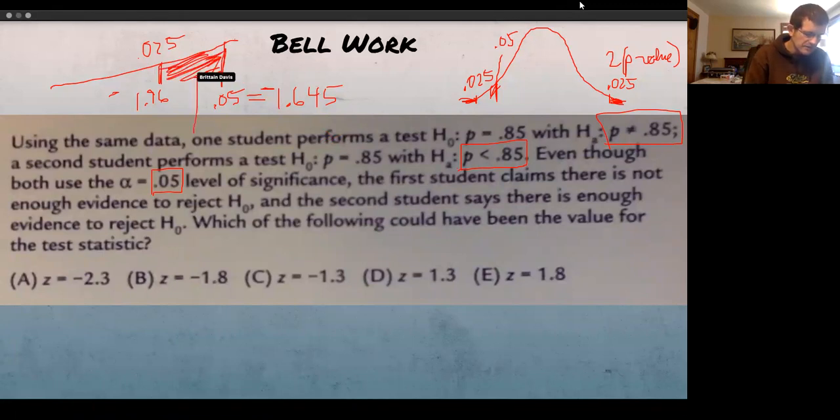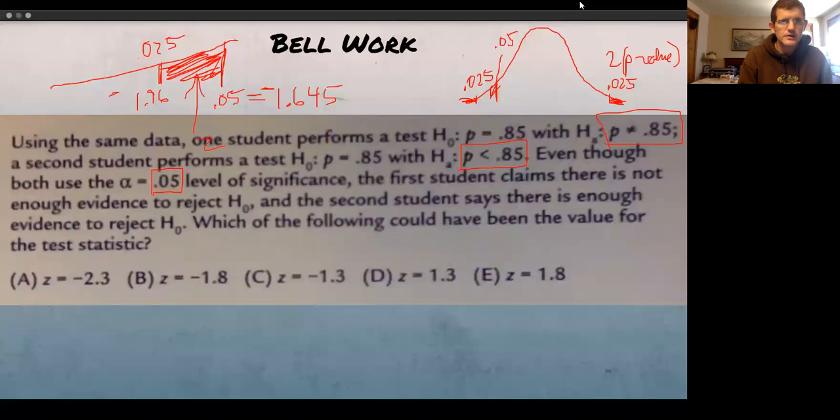Any Z statistic that falls in here would be significant for a one-tailed test, but would not be significant for a two-tailed test. And again, hopefully we've gone through the logical reasoning chain there to make sure that makes sense for you.